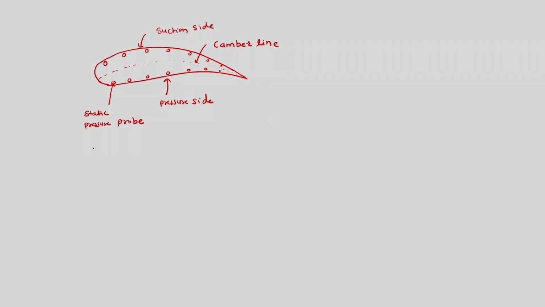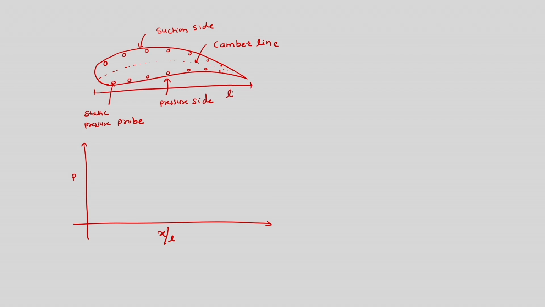And if we plot pressure versus x by L, where this length is called L and this is the x direction, we would have a certain variation, and this is x by L equal to 1.